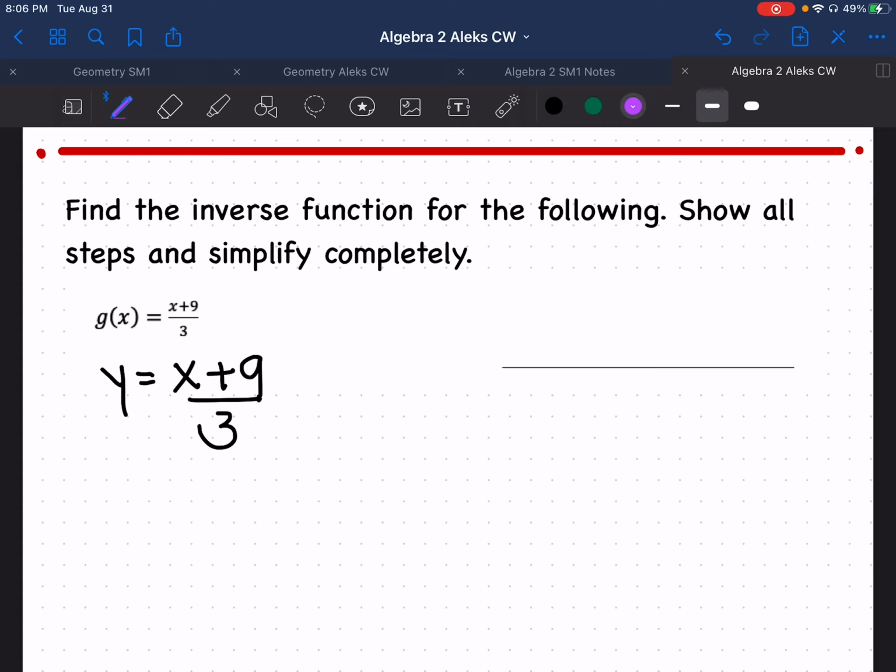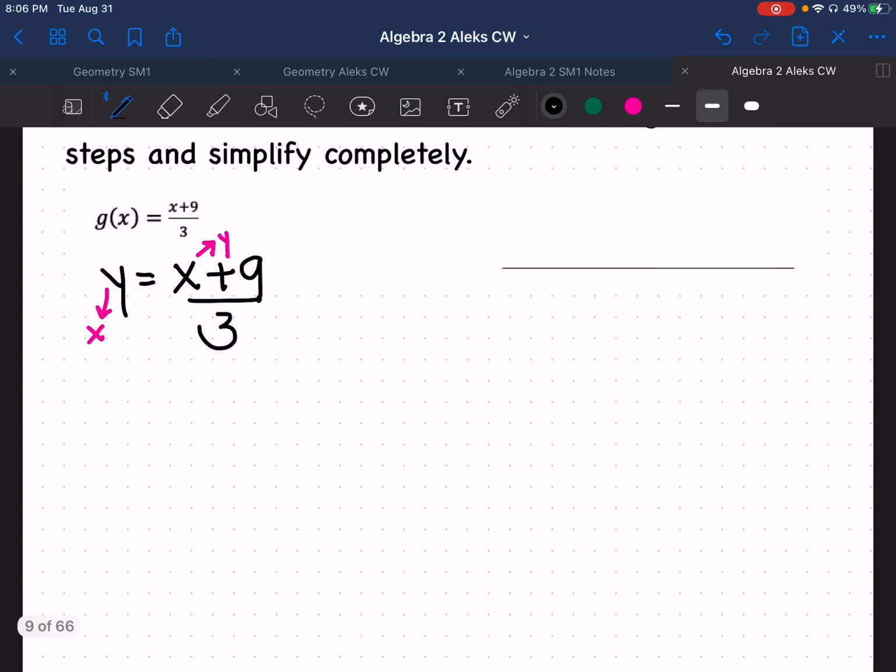So we're going to change this to y, and we're going to change this to x. Once I have completed this step, I'm going to want to solve for the variable y. I want to get the y alone.